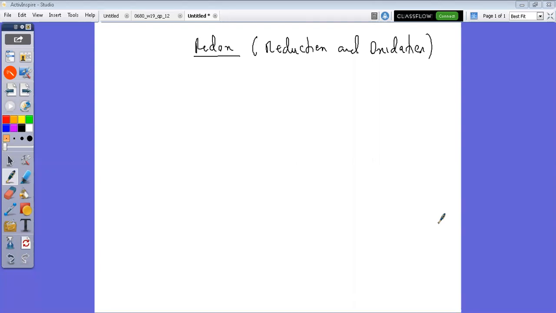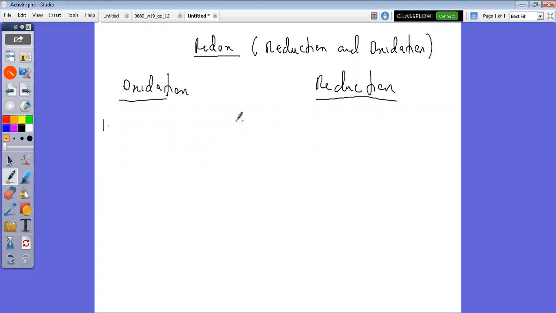So let's start with the first definition of oxidation. Let's have oxidation this side, and reduction the other side. The first definition for oxidation is that oxidation is the gain of oxygen atoms.